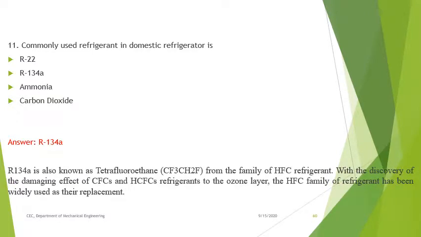R134a, also known as tetrafluoroethane, is from the family of HFC refrigerants. With the discovery of the damaging effect of CFC and HCFC refrigerants on the ozone layer, the HFC family of refrigerants has been widely used as their replacement.